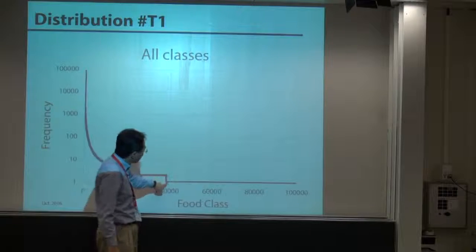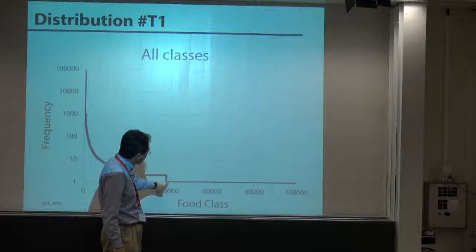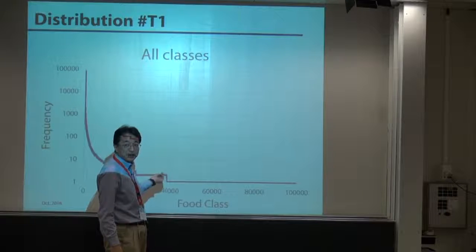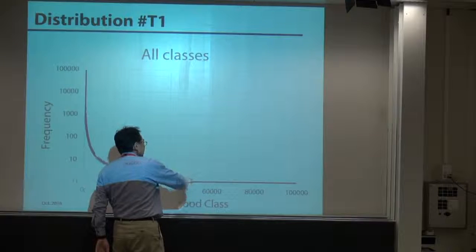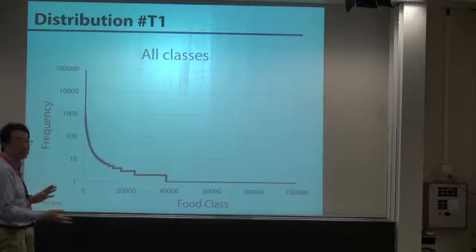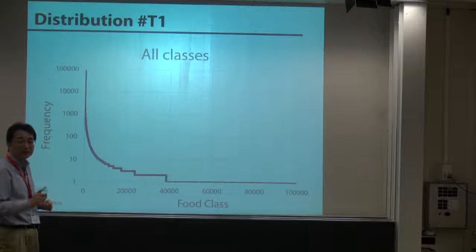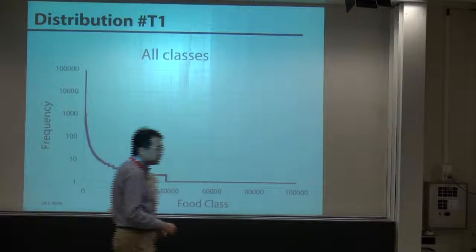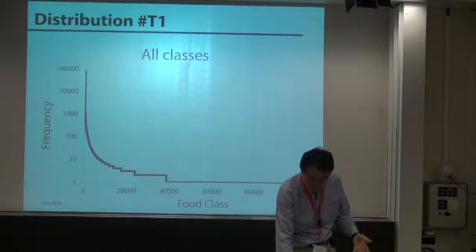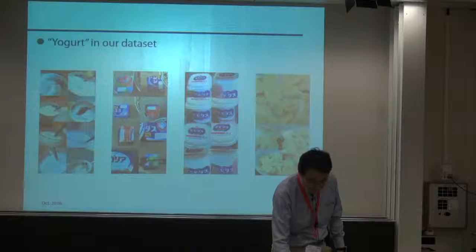Fewer than 40,000 appear more than twice, and approximately 60,000 appear only once. So it has a very, very big data nature.